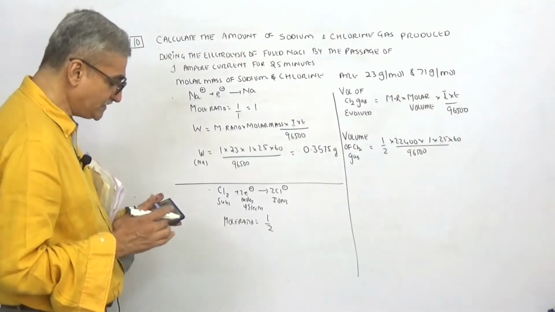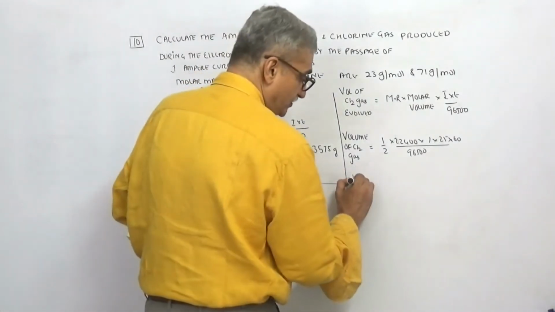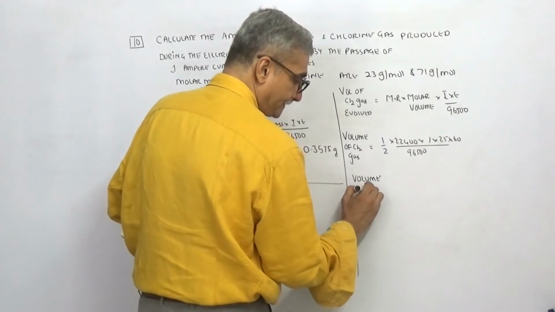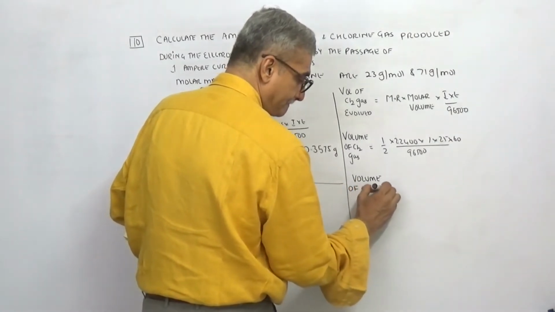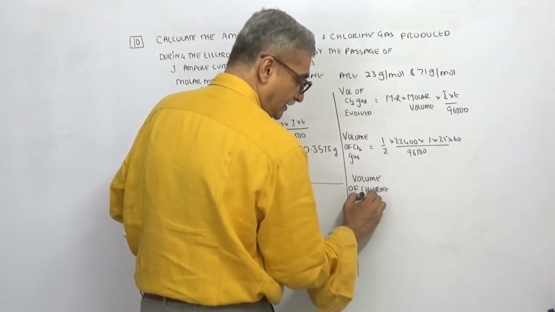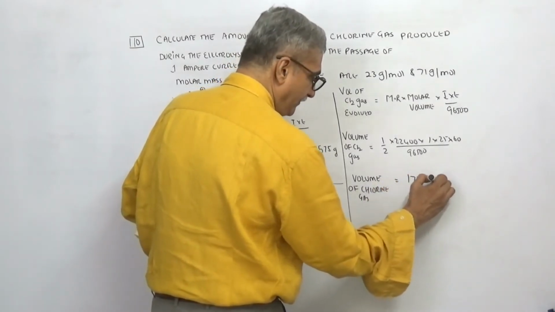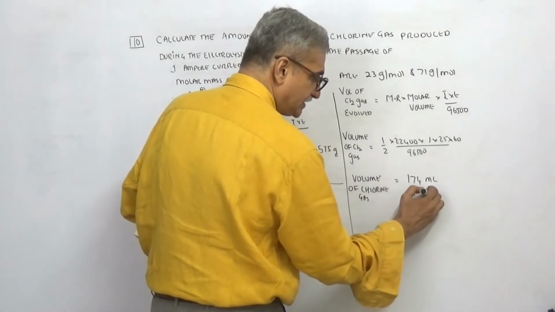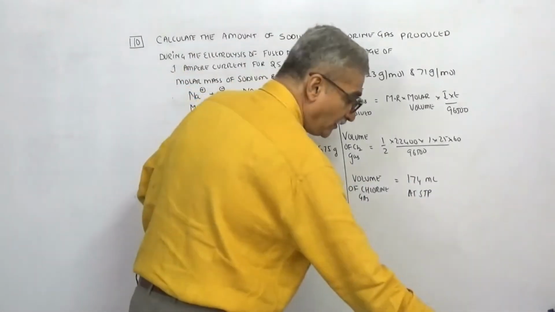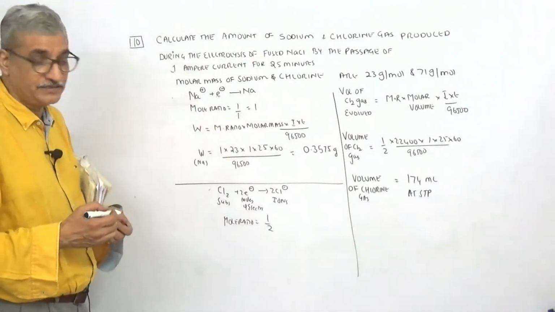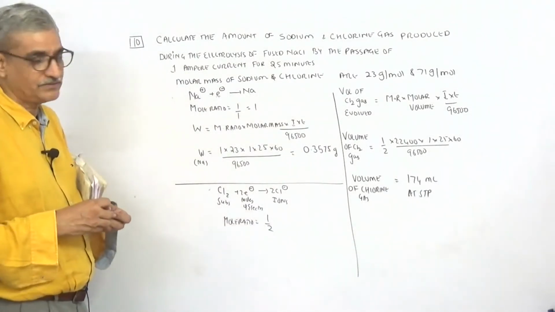So that will be 174. So volume of chlorine gas will be 174 ml at STP. So nowadays if you see, more questions are being asked on volume evolved. That's why I am teaching you this. Okay.